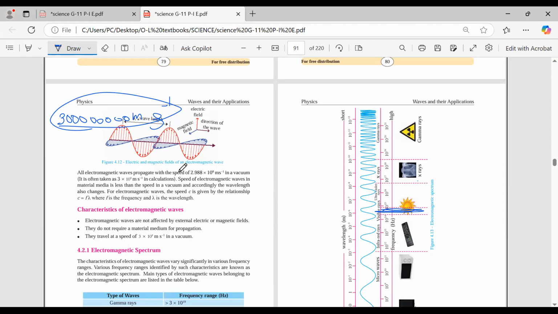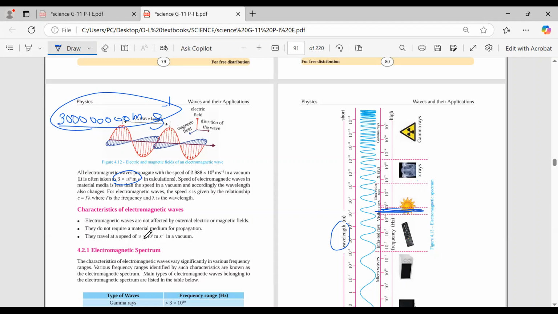All of them are also traveling at the same speed. But can you see there's a difference in the wavelength and the frequency? The wavelength and the frequency keep changing according to the type of the wave, but the speed remains the same.